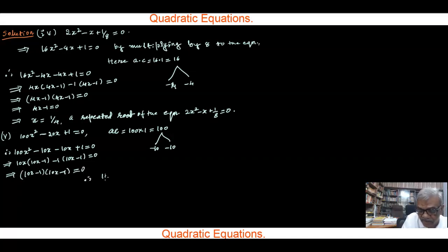Therefore 10x minus 1 equal to 0 implies x equal to 1 by 10.